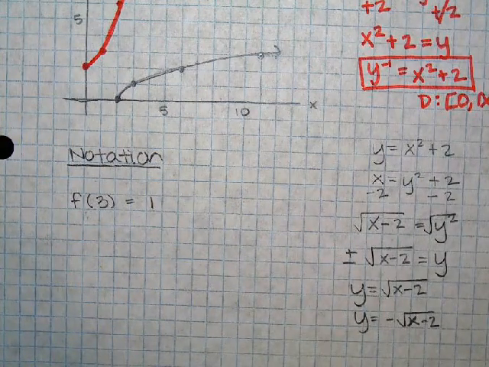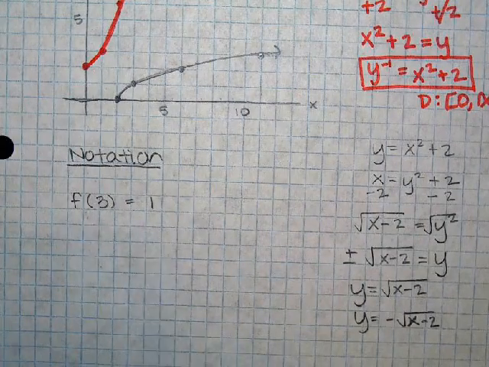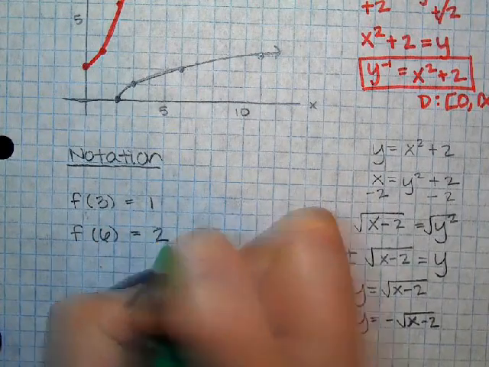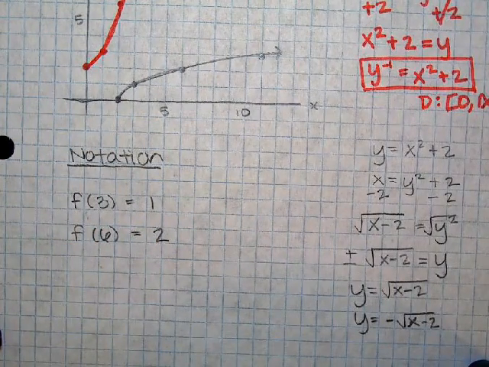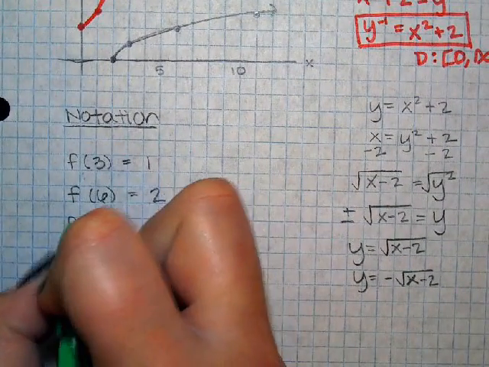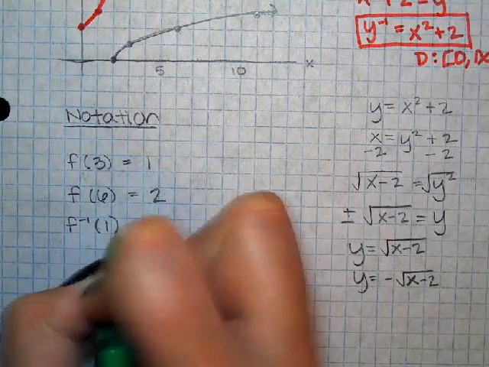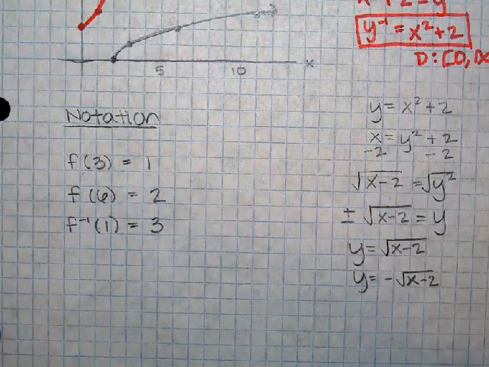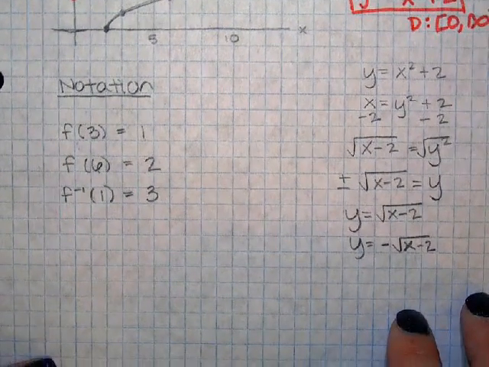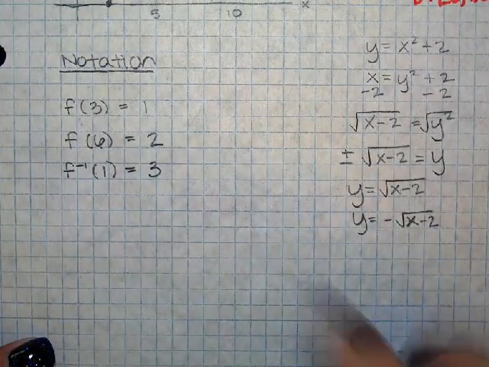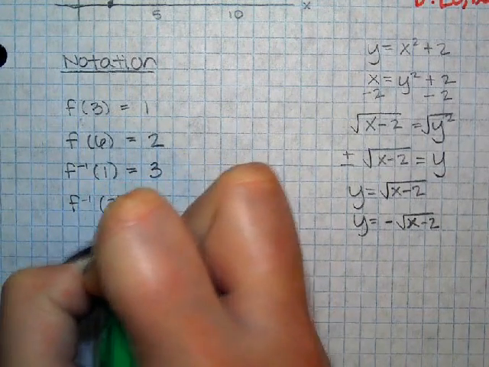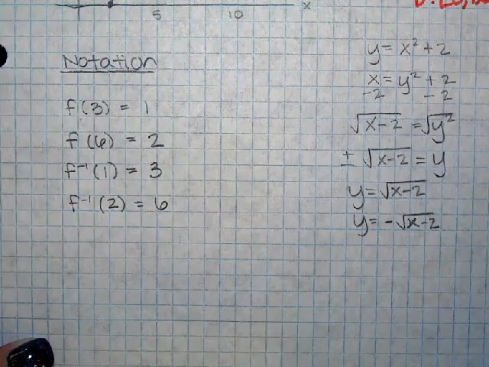They might say f of 6 equals 2. You guys see those are 2 points that we graphed? Then for the inverse, they would say f inverse of 1 equals 3. See how that just switches the 2 points, traded x and y? Traded the 1 and the 3. And then they'd say f inverse of 2 equals 6. Does that make sense?